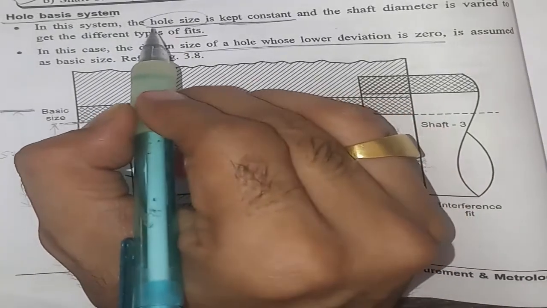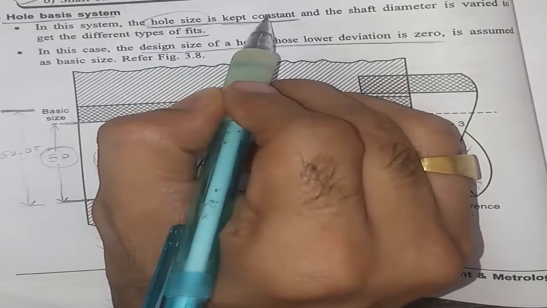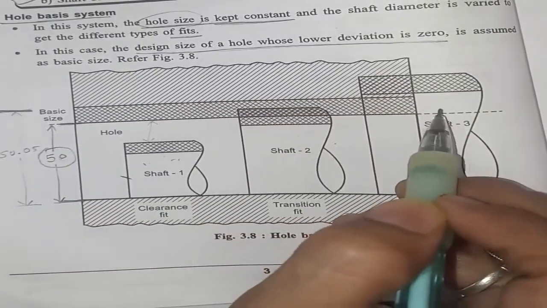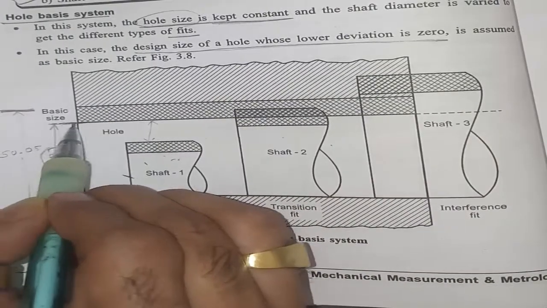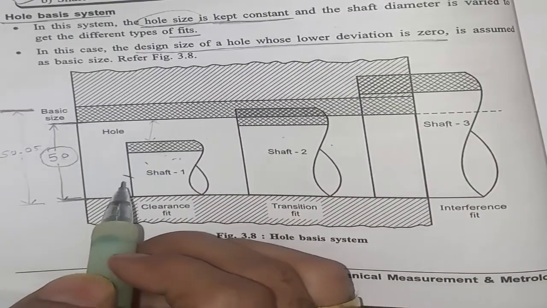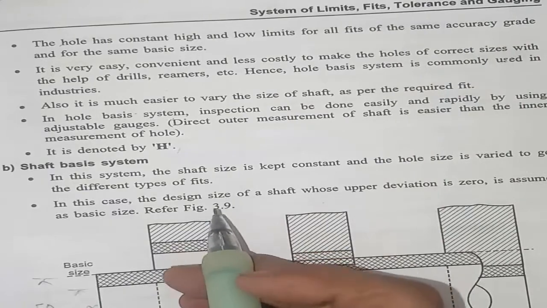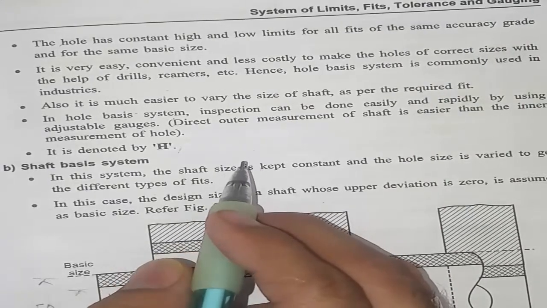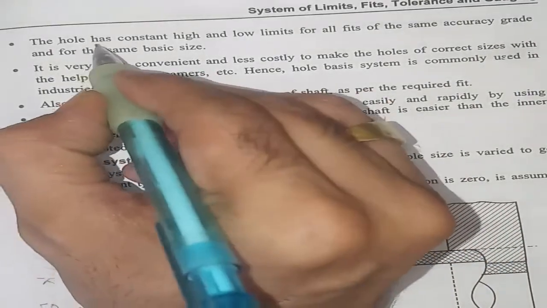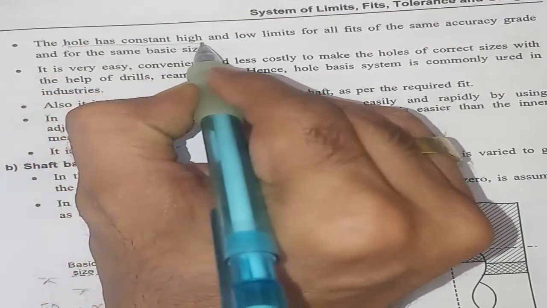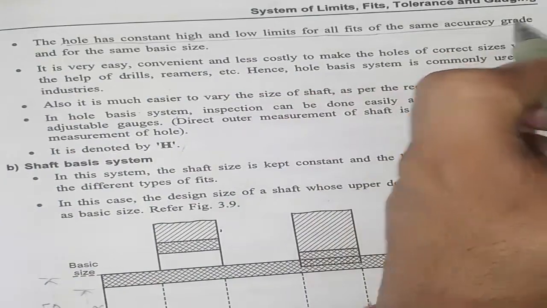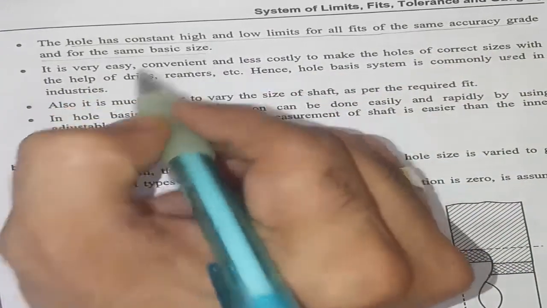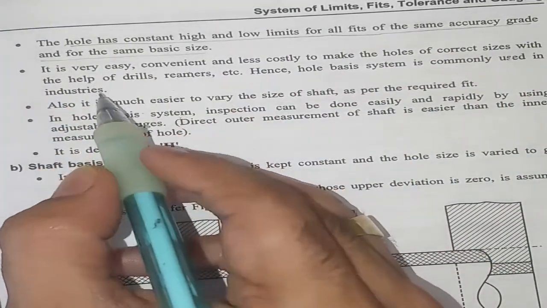So again I am repeating, hole size is kept constant and shaft diameter is varied to get the different types of fit, and another thing is the lower deviation is 0, okay? Now if we discuss more about the hole basis system, the hole has constant high and low limits for all the fits, for the same accuracy grade and for the same basic size. This is the same as what I said to you.